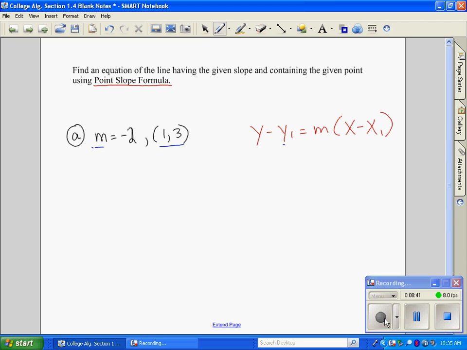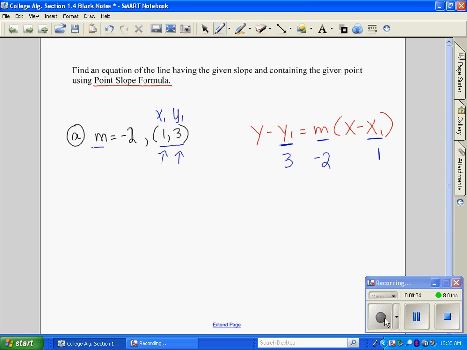So we're going to plug in our points, x1 and y1, and we're also going to plug in our m. So all we need to do is substitute those values in. M equals negative 2, so I'll put negative 2 in. My x1 is 1. My y1 is 3.